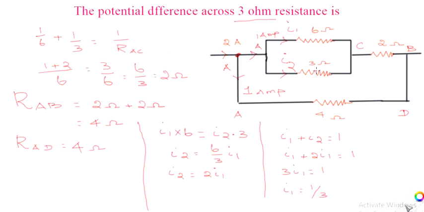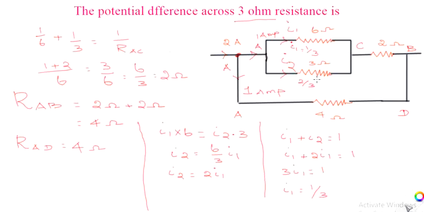Here I1 is equal to 1 by 3 and I2 is equal to 2 by 3. If you add these two, you will get 1 only.